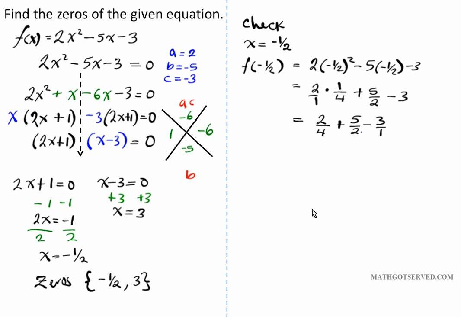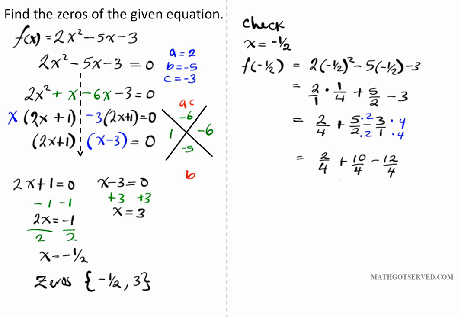Alright, since 2 over 4 already has a denominator of 4, we'll leave it alone. In order to make 5 over 2 have a denominator of 4, we have to multiply the numerator and the denominator by 2. Okay? 3 over 1, in order to make the denominator 4, we have to multiply both numerator and denominator by 4. If we carry out the arithmetic, we end up with 2 over 4 plus 10 over 4 minus 12 over 4.